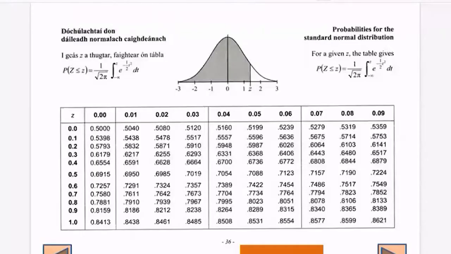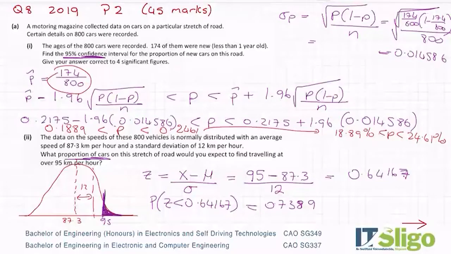How do I know that? Well, I know it from the log tables. So that's shaded in. It's trying to tell you the values that you're going to get from this table is up to that score. In our question, we were asked for what's greater than 95. So therefore, it all adds up to 1.